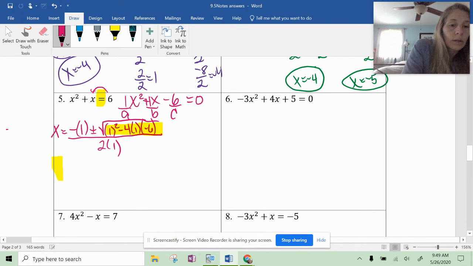So now I have negative 1 plus or minus the square root of 25 over 2.